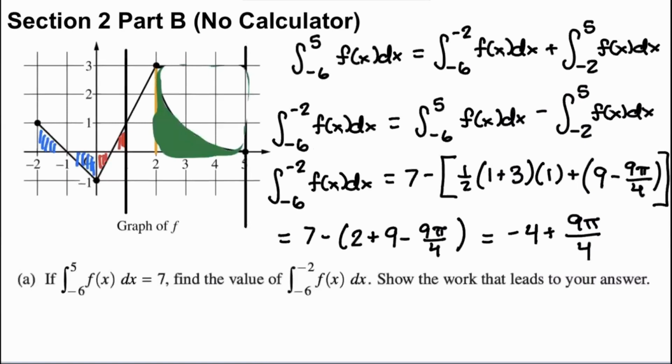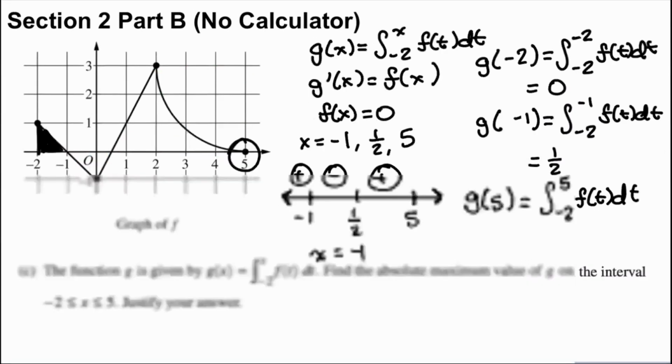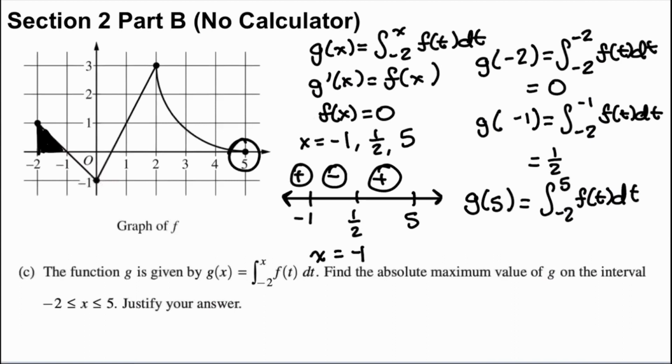The area of the whole thing is going to be this expression right here. It's going to be 11 minus 9 pi over 4. So I'll just write that right here. We don't have to redo the math again since we already did it before. And so now we have to look at which candidate yielded the maximum value when plugged into the original function. And it was when x was equal to 5.